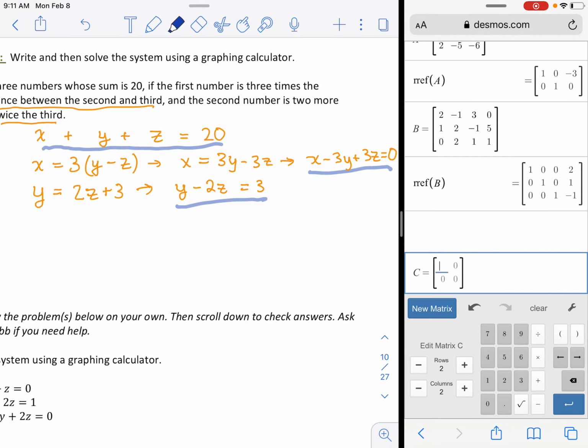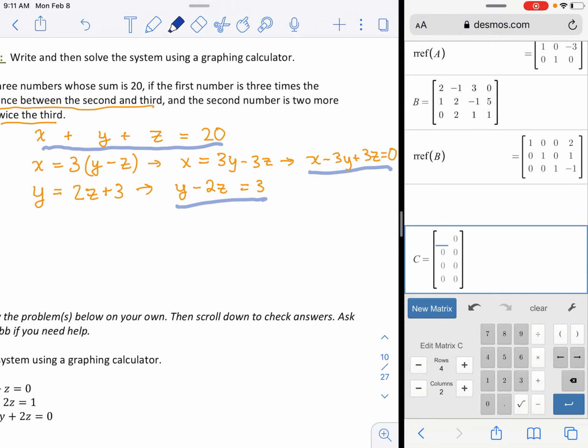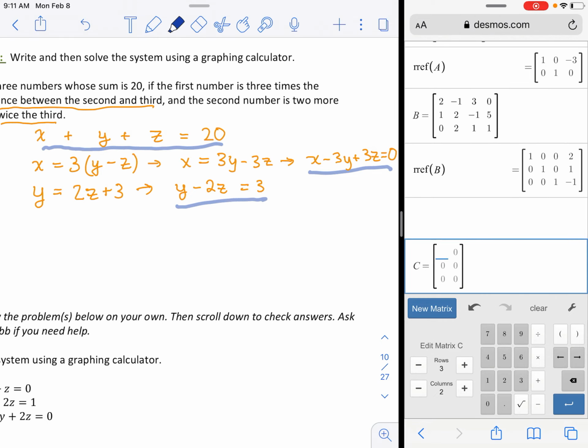If I type those in, I'm going to need a 3-row and 4-column matrix. One thing I noticed when I started to type things in here is you can use these arrow buttons. You don't have to tap every little box when you're typing things in.